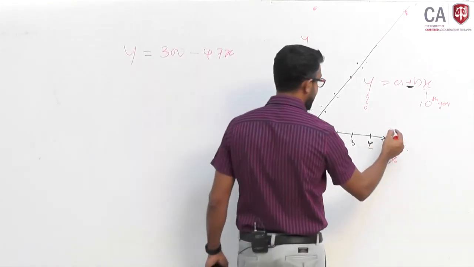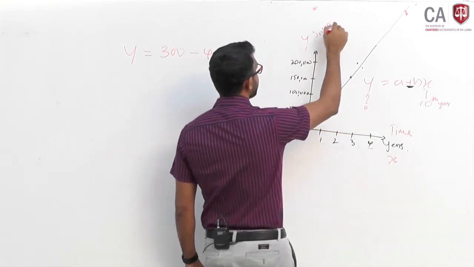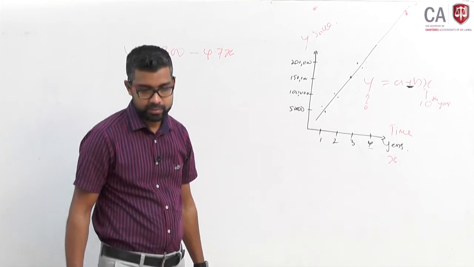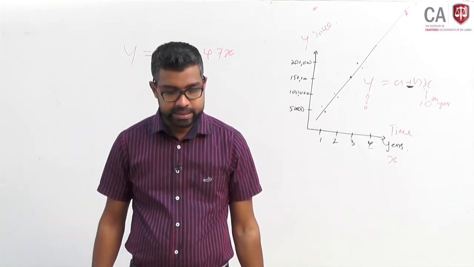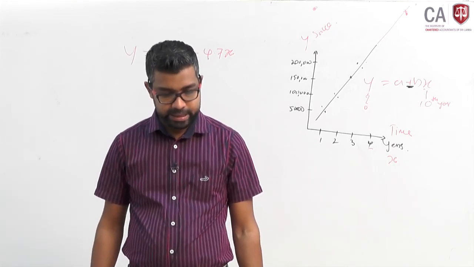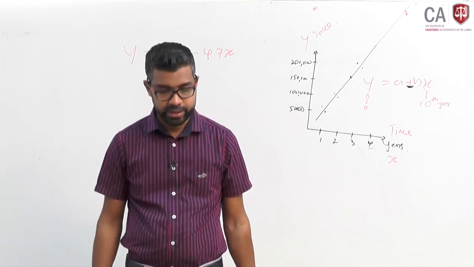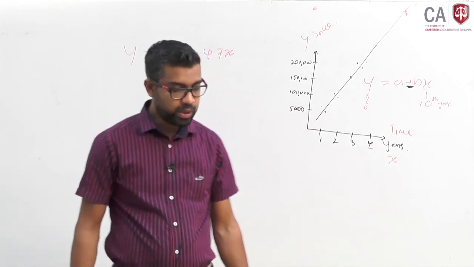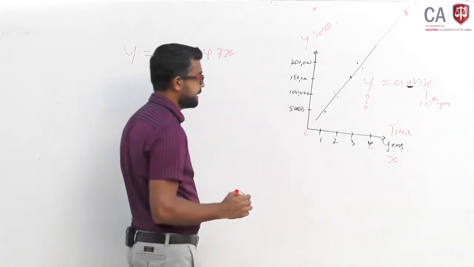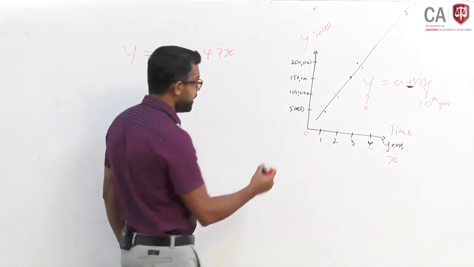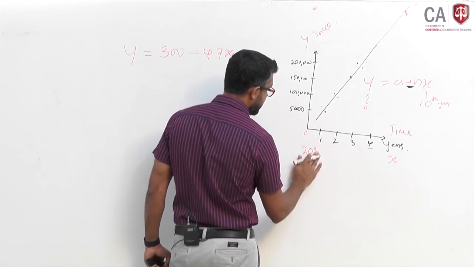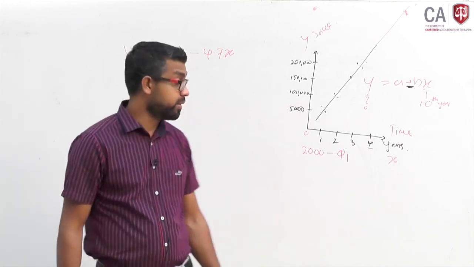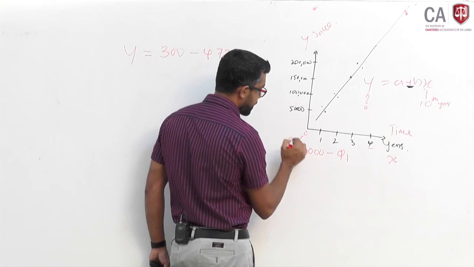The meaning of this is that when x is 0, that is at the beginning of the time, the sale is 300. Given x is 0, x is the time in quarters, y is the sales level in 1000 units. x equals 0 is this point, let's say 2000, quarter 1. So x equals 0 means quarter 1, Q1.